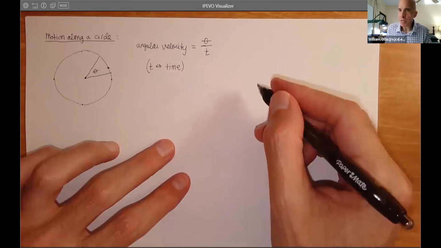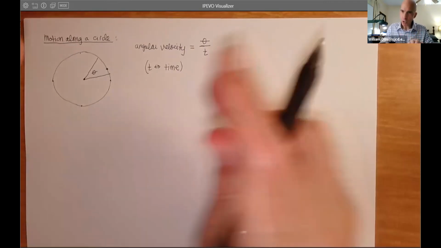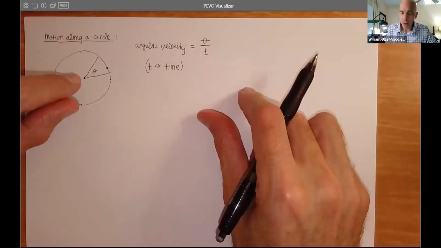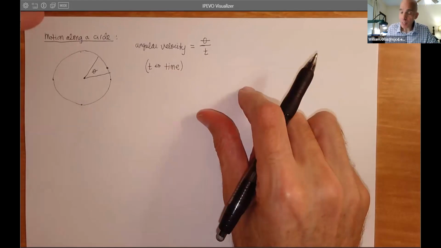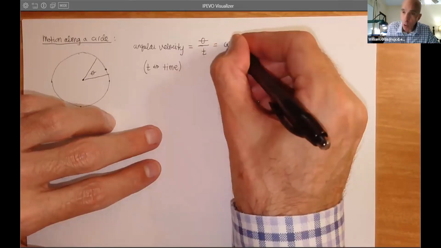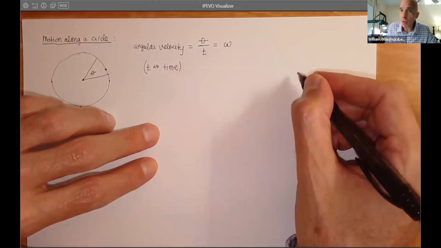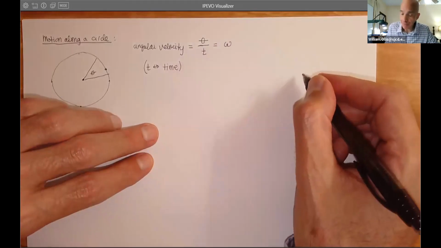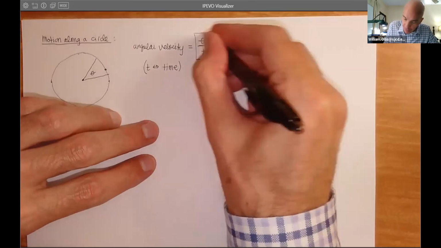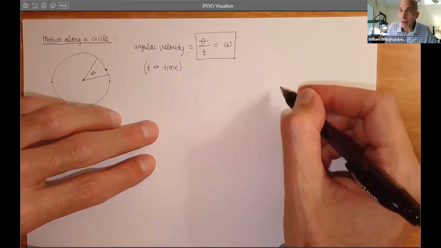And so that would just be a way of creating circular motion using the abstract concept of angle per unit time. And the letter that we use for this is the Greek omega. This is what we call angular velocity. So that's a new construct, angle measure per unit time.